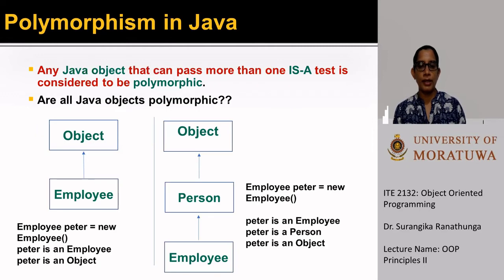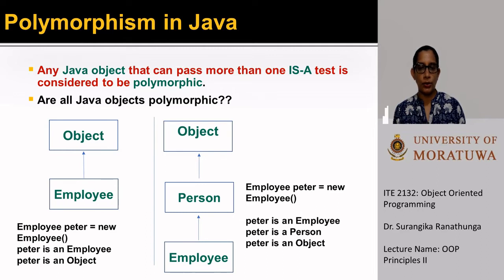To understand the concept of polymorphism, let's look at this visual example. We say an object can pass more than one IS-A test. If it can pass more than one IS-A test, then that object is polymorphic. For example, here we have an employee class.